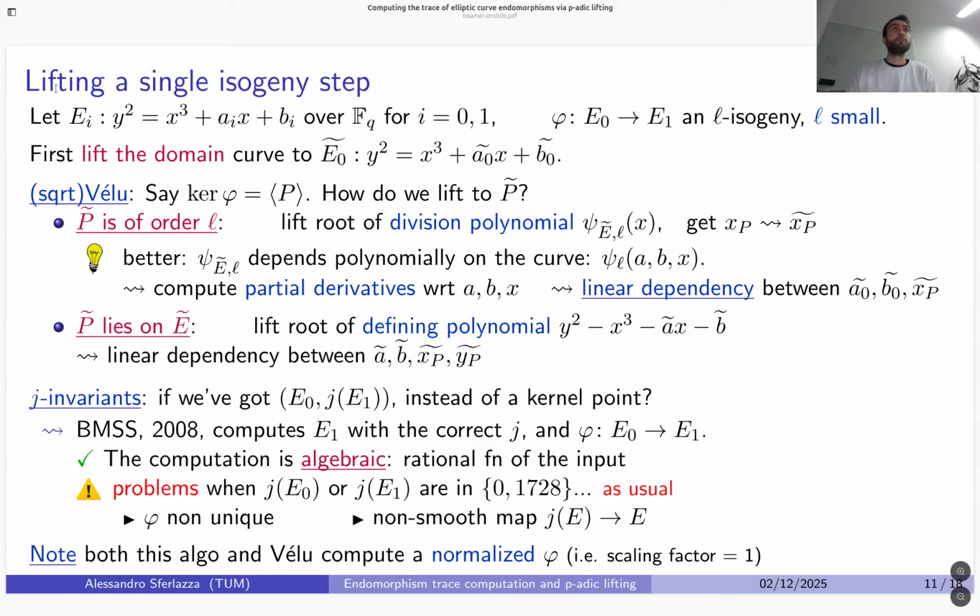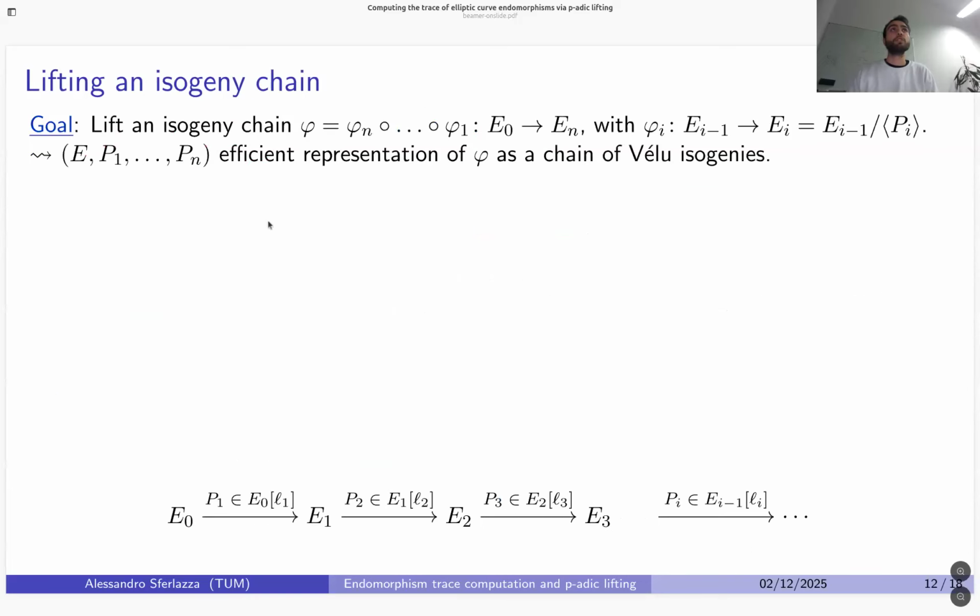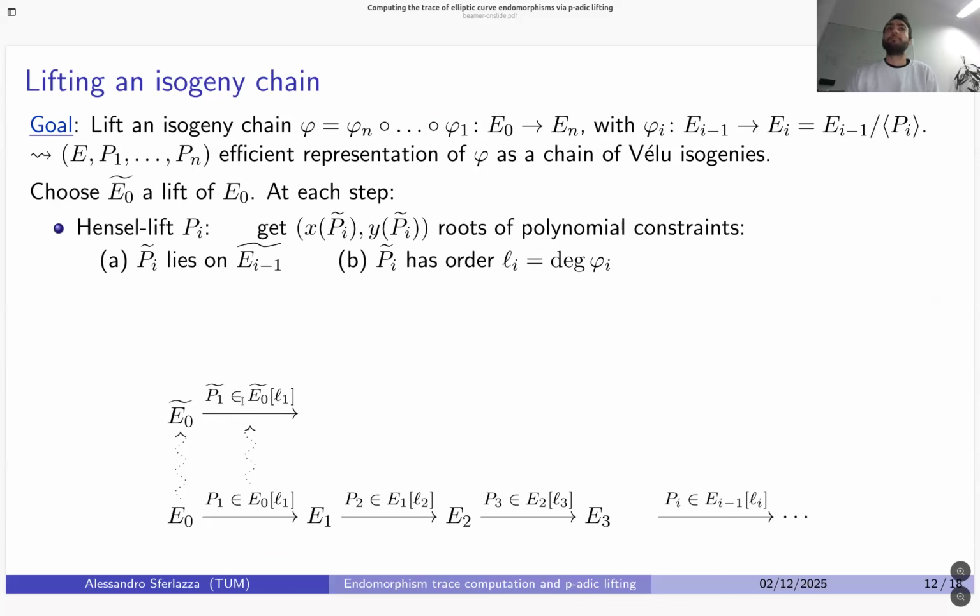So now that we know how to lift an isogeny step as a root of a polynomial system of equations, we're ready to lift a whole chain. Let's say we've got a chain of isogenies where every isogeny is, for example, represented by its kernel point. Then we first lift the initial curve, and then we lift a step.